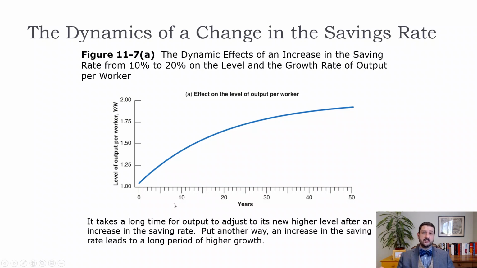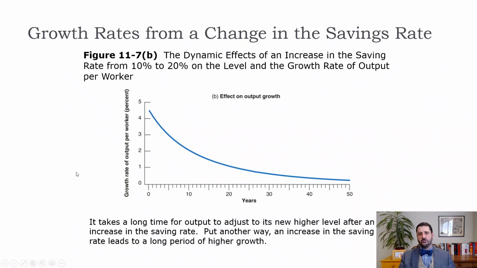So an increase in the savings rate can lead to a fairly long temporary increase in growth. And if we look at the growth rates, what we'll see is that the growth rates in the beginning will be much higher than the growth rates in the later years. So if we have an increase in the savings rate, we would expect much faster growth in, say, the first 5 to 10 years, and then slower increase in growth in later years.